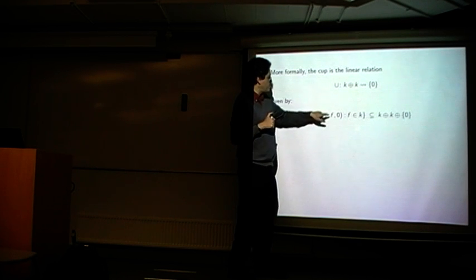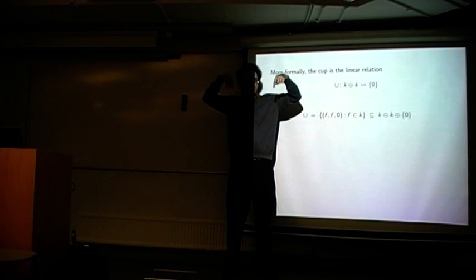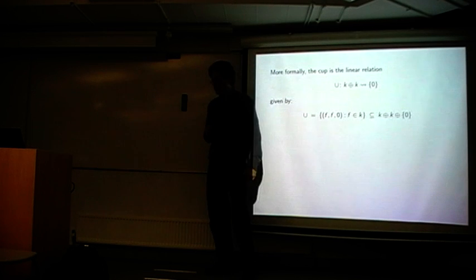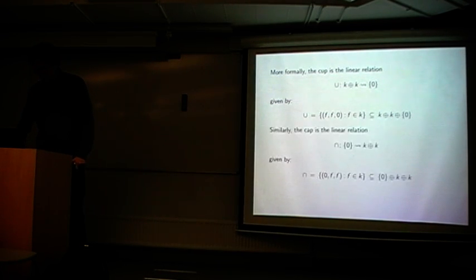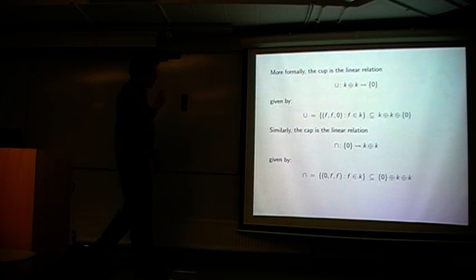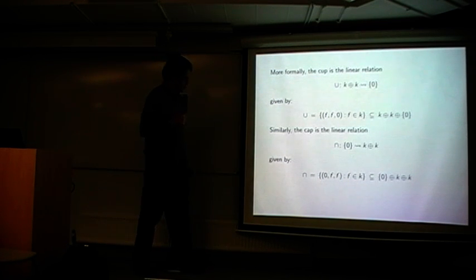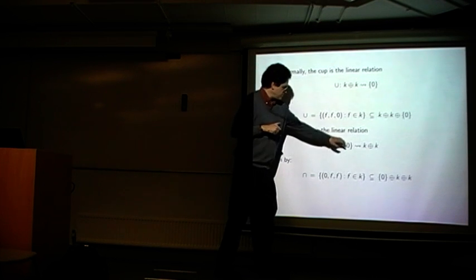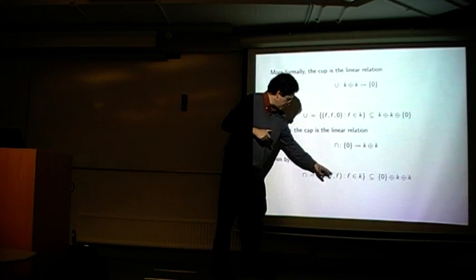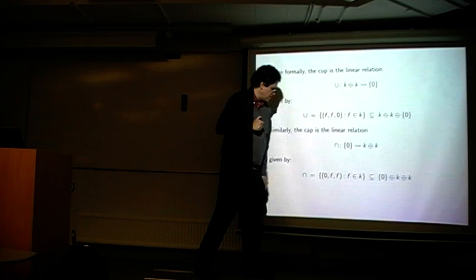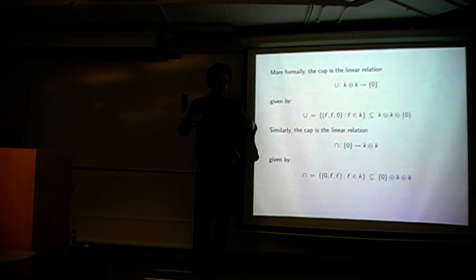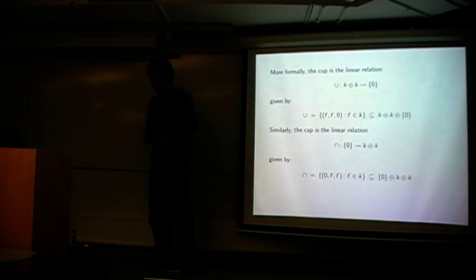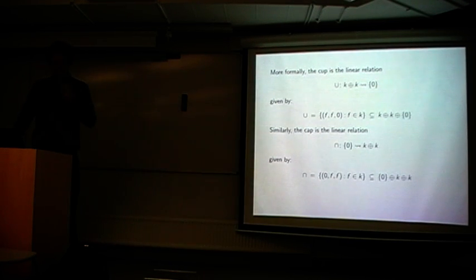So it's just a relation that imposes that the two inputs be equal, that forces them to be equal. And then similarly the cap is sort of the upside down version. So it will be a subset of 0 plus k, and it consists of triples where the latter two are equal. So the two outputs can be anything at all, but they have to be equal. This is the kind of cool stuff you can do with relations that you can't do with functions.